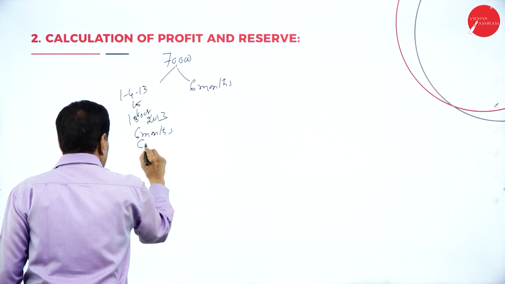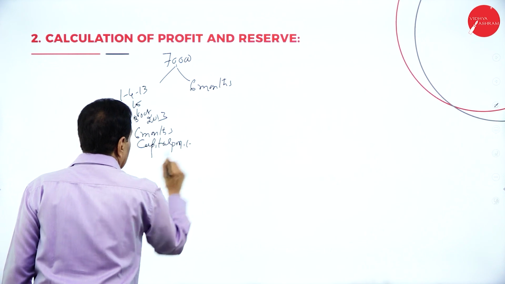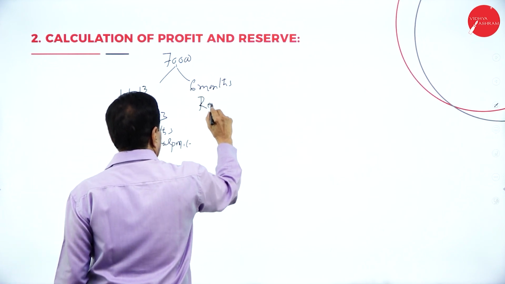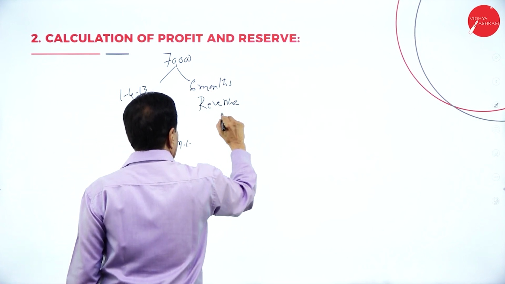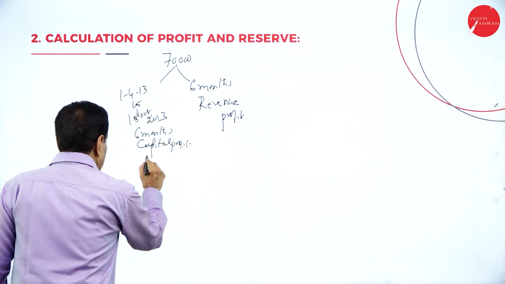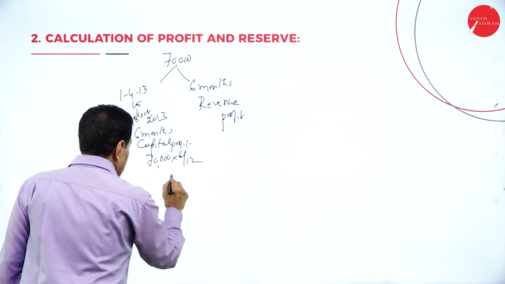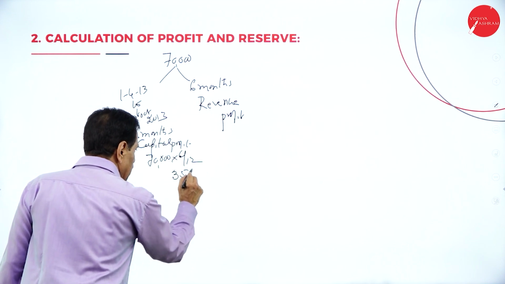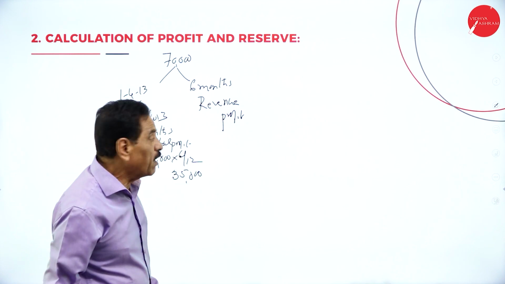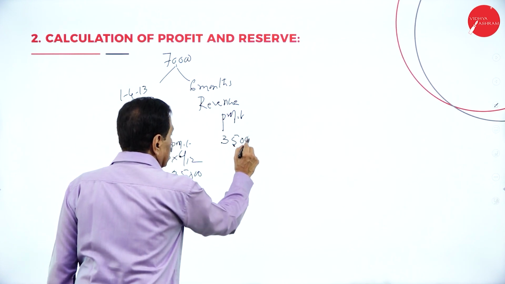The first is capital profit, and this is revenue profit. So 6 months profit, 70,000 into 6 by 12, is 35,000. This is your capital profit. Another 35,000 is the revenue profit.